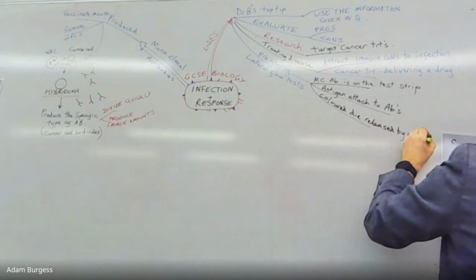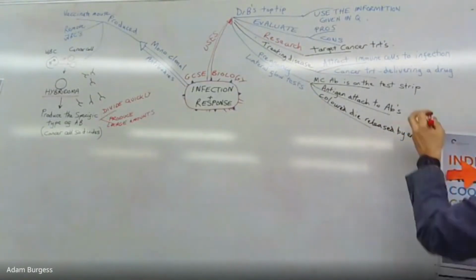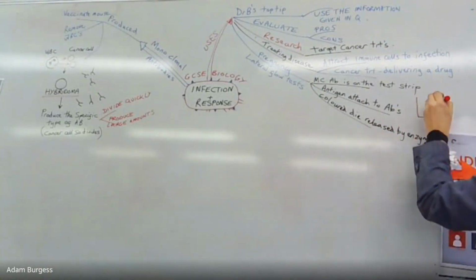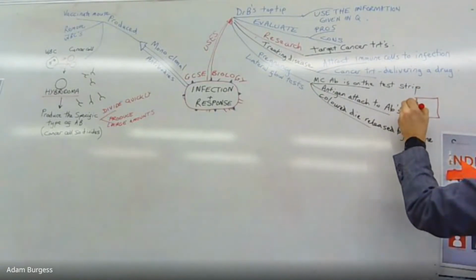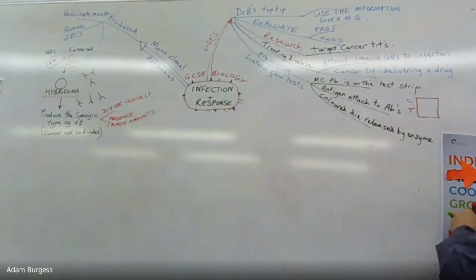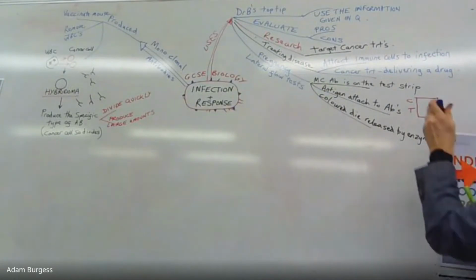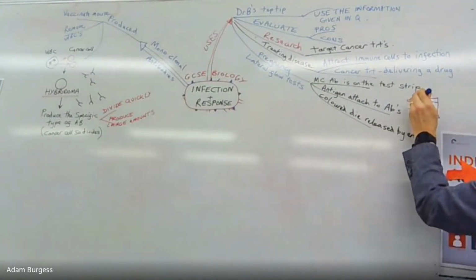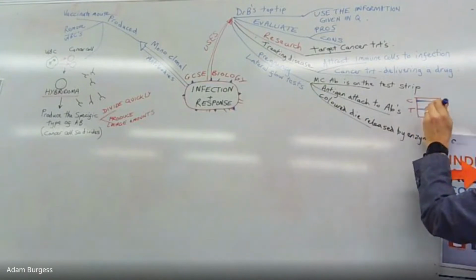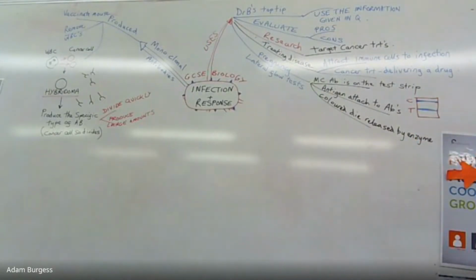So that's where you get the characteristic two. So in a lateral flow, you've got the control and the actual test strip, and it changes color. So that means it's worked. That means you've got it. It's a double line, as some of you will well know.